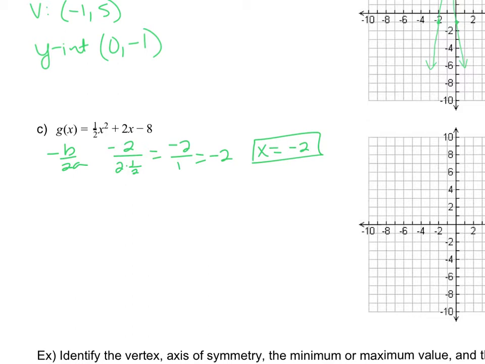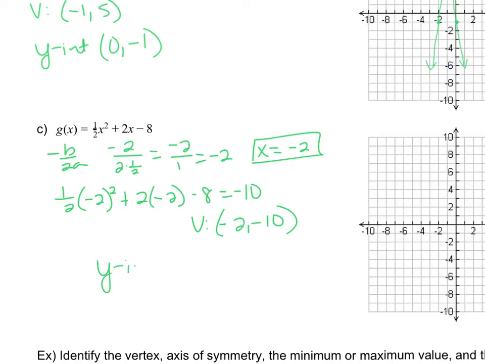Now we need to plug this into the original equation. 1/2 times negative 2 squared plus 2 times negative 2 minus 8. So we put all that in and you get negative 10. So my vertex is at negative 2, negative 10. And last one, our y-intercept is at 0, negative 8.